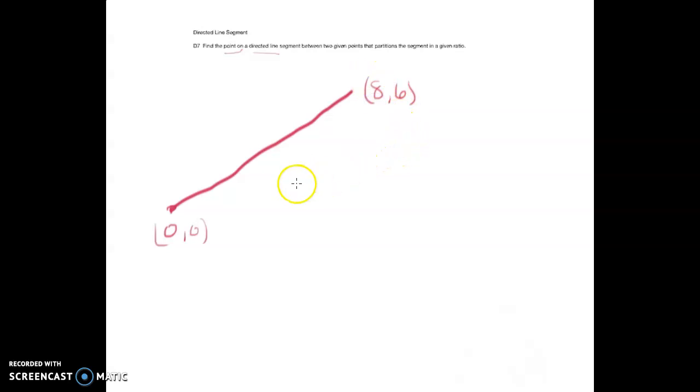Okay, now I want to find the point along this line segment going this way that partitions it in a ratio of 3 to 1. Well, how many pieces are there altogether? There are 4.